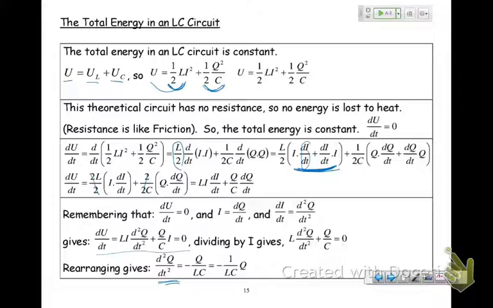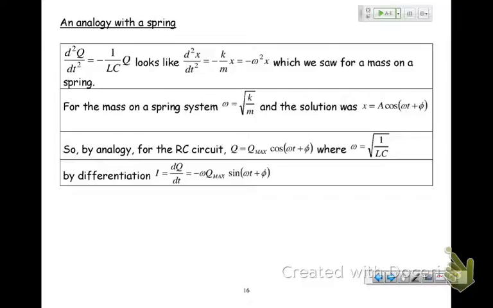Now, I don't care about any of that really, apart from the final form. Look at that final form and think back about previously in our lives, and we did that. d2x, the acceleration, was equal to minus omega squared x. Do you remember that?